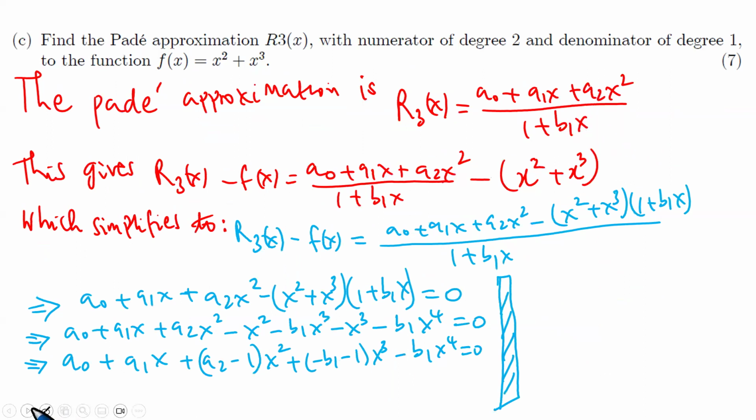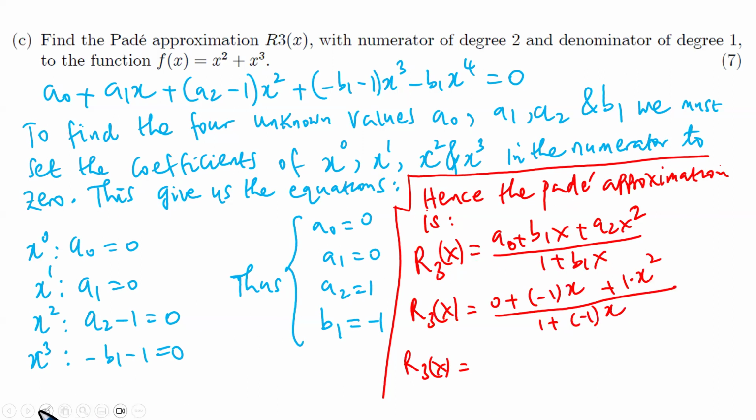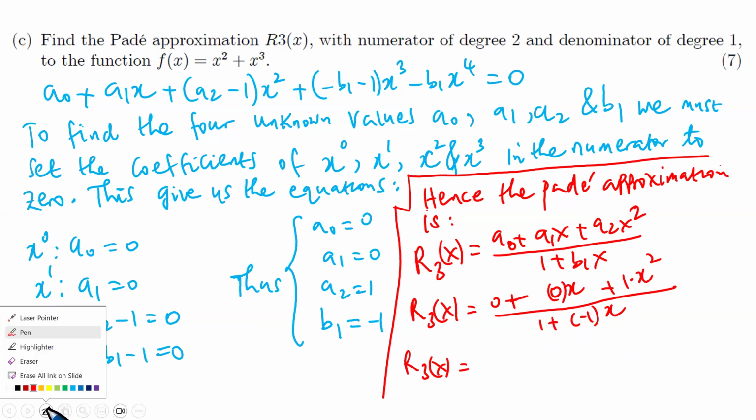So the numerator is having the A's only. So this one is going to be A0, A1, which is A1X. What is A1? It's 0.